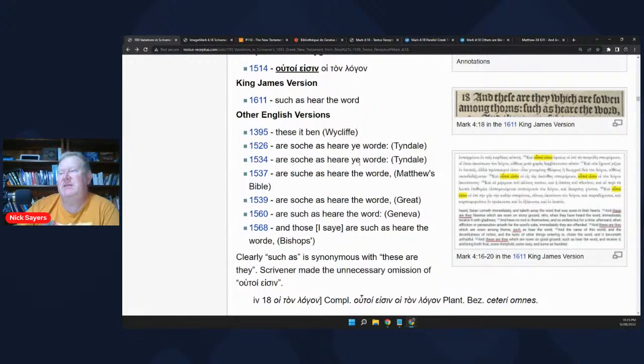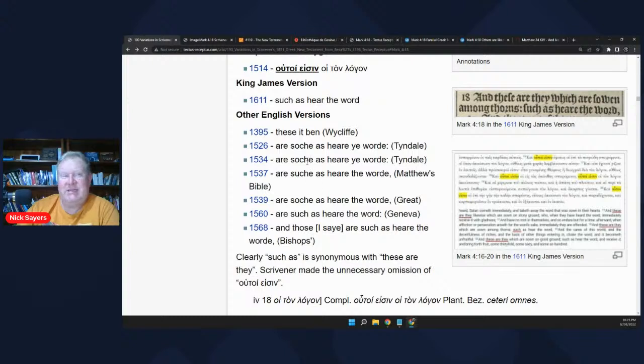Tyndale again, "and such as hear ye word". Matthew's Bible, 1537, "and such as hear the word". The Great Bible, 1539, "and such as hear the word". So notice these guys have got "such as", it's no problem there.